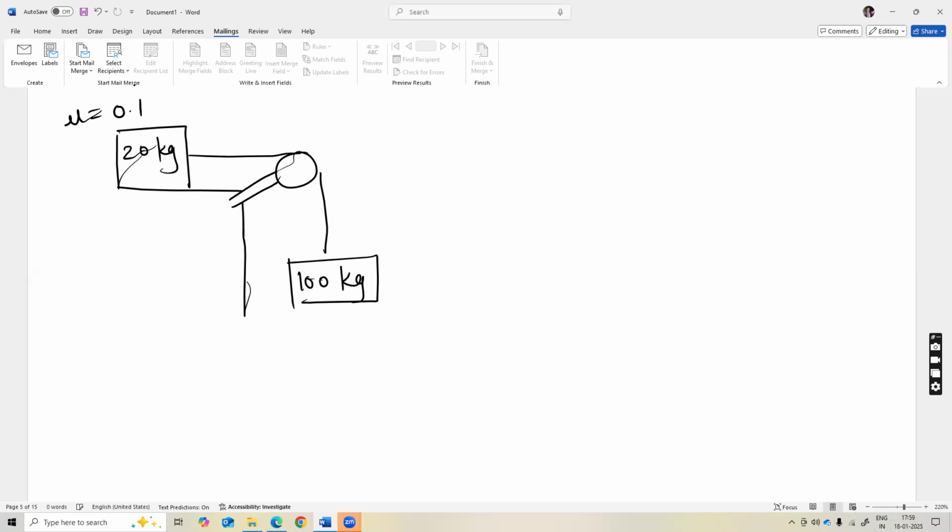Find out, of course there will be tension in this string, and there will be some acceleration. Find out tension T and acceleration A.